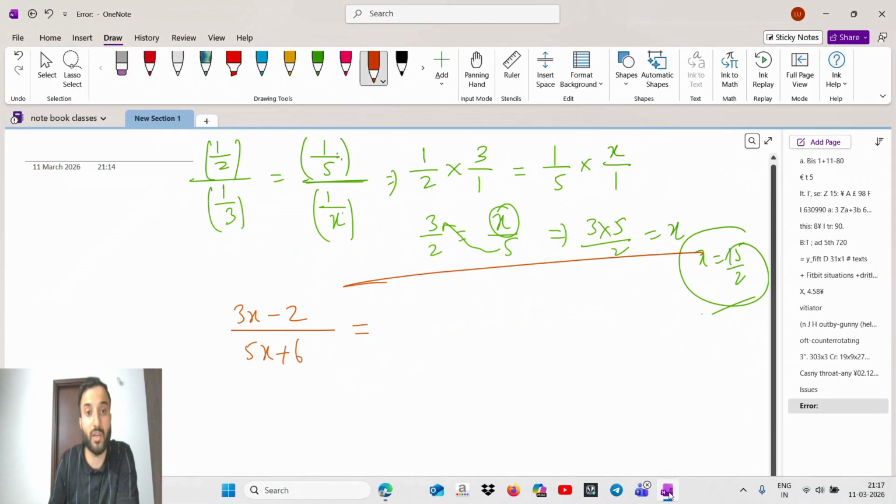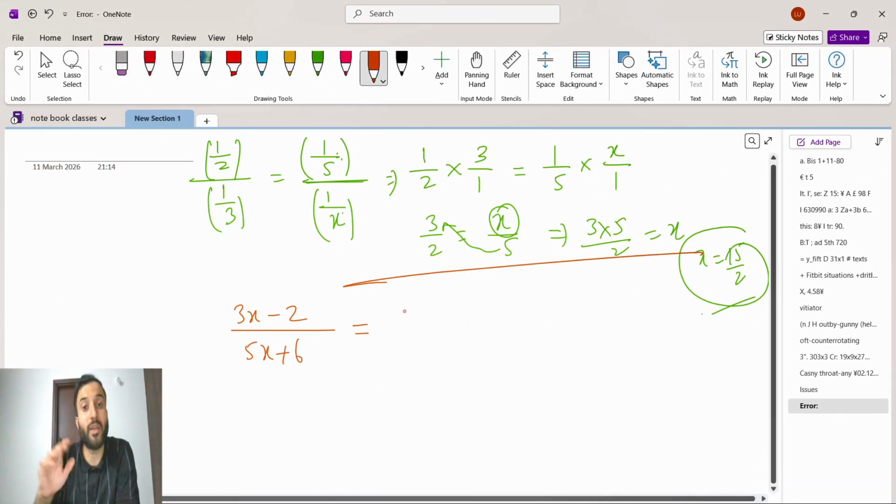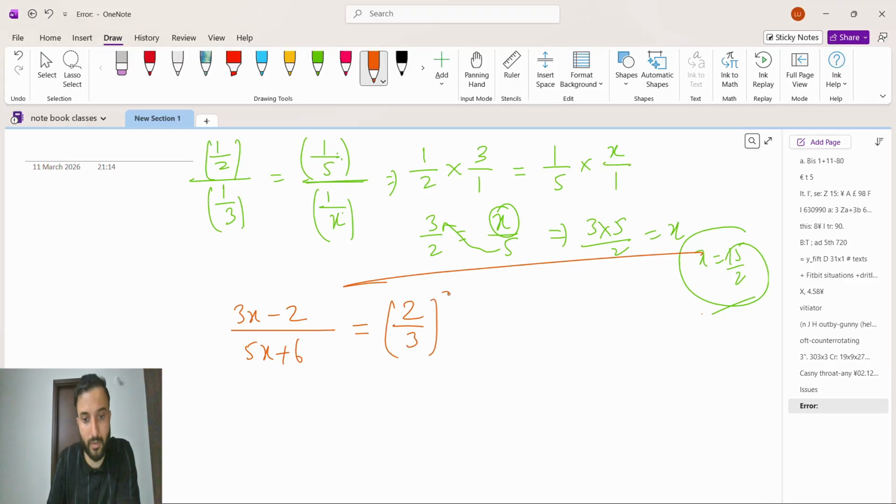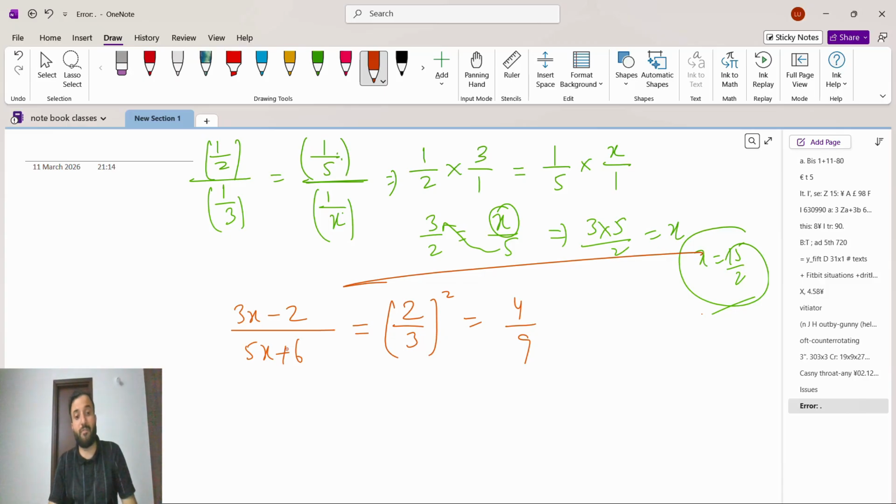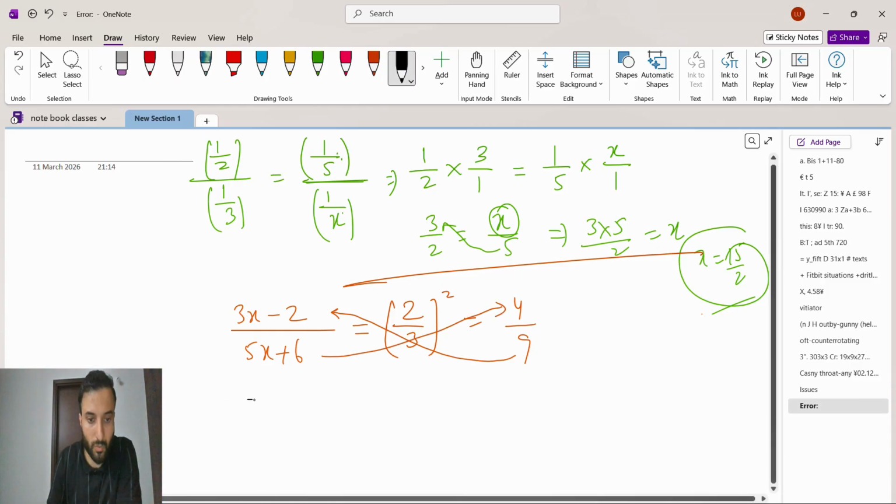Duplicate ratio means what? Duplicate ratio means square, so square of 2 by 3 means 2 square is 4, 3 square is 9, so 3x minus 2 by 5x plus 6 equals 4 by 9.